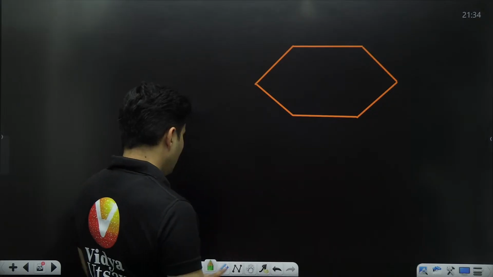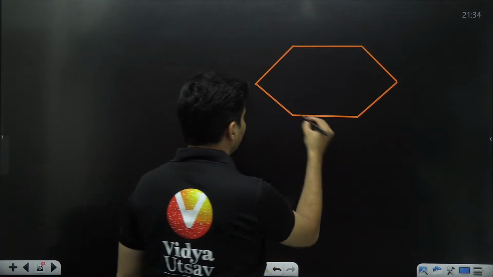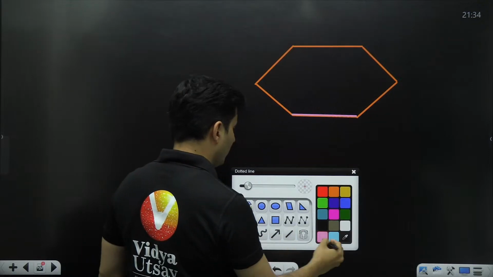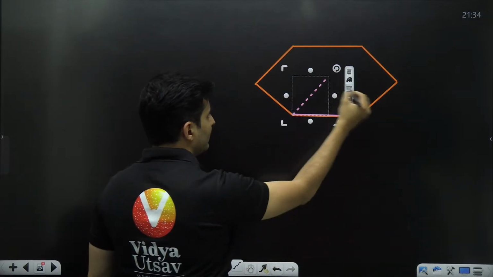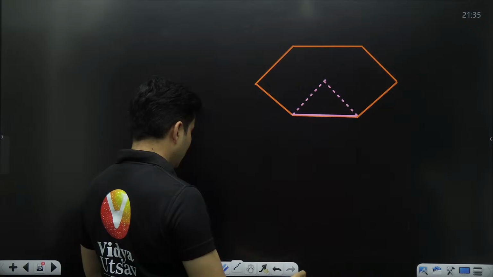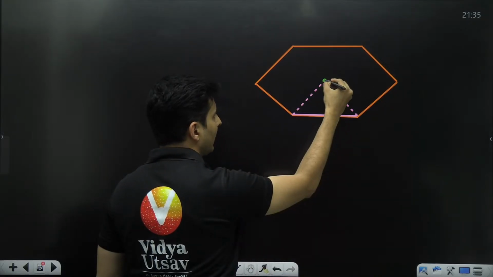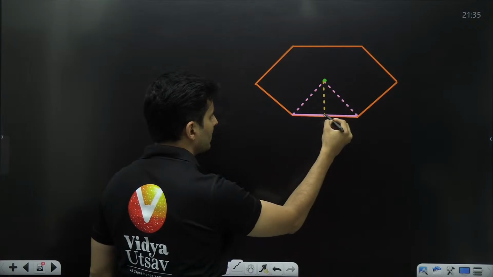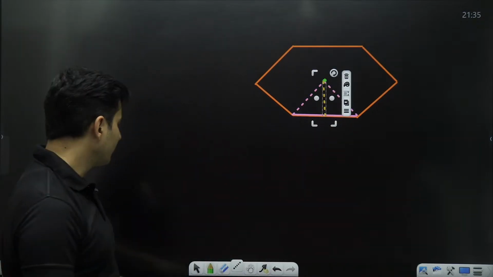This is your hexagon. Now we'll choose any one side of the hexagon. Let's say I choose this side, and I will also draw the end points connecting to the point where we want to find the magnetic field. Next is drawing the perpendicular, of course. Let's draw the perpendicular over here.